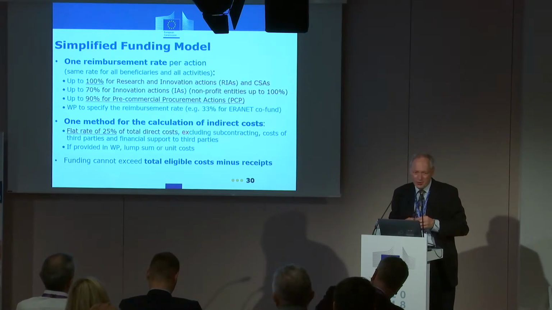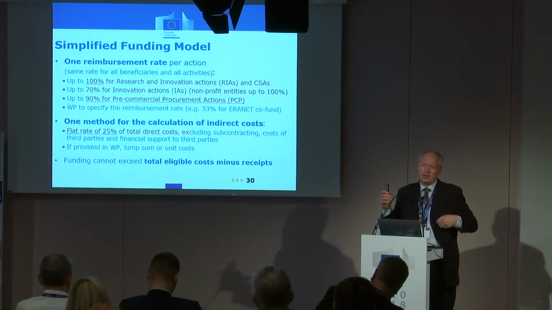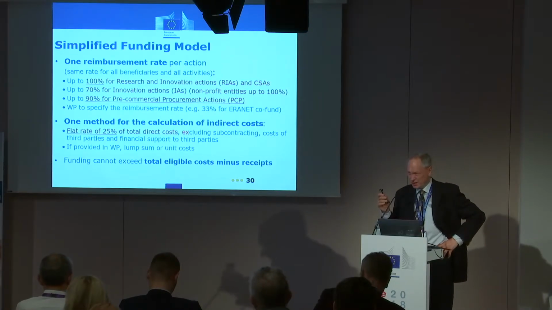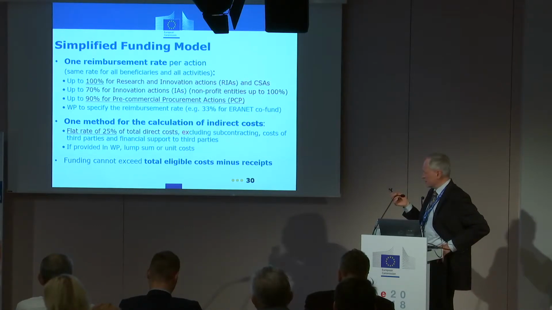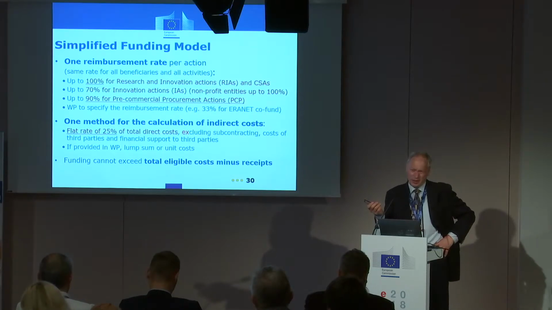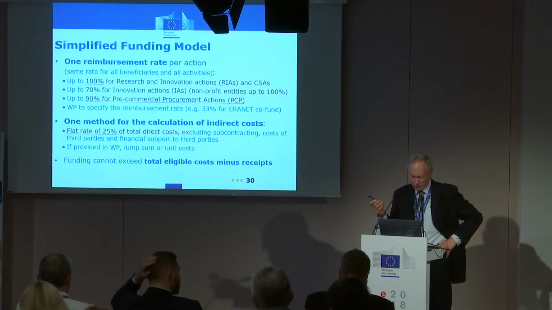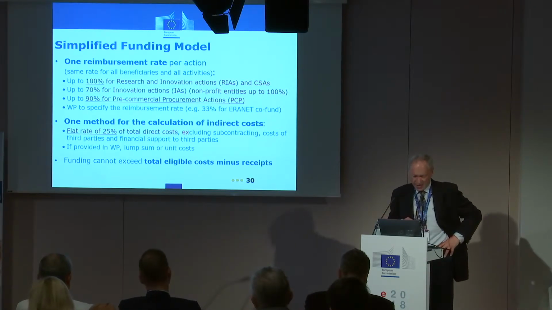To the direct costs, to the costs that are generated by the project and by the project alone, we add 25% overhead. This is one of the most important simplifications under H2020. We just add 25% overhead cost to the total direct costs of the proposal, and that's it. More details are here.